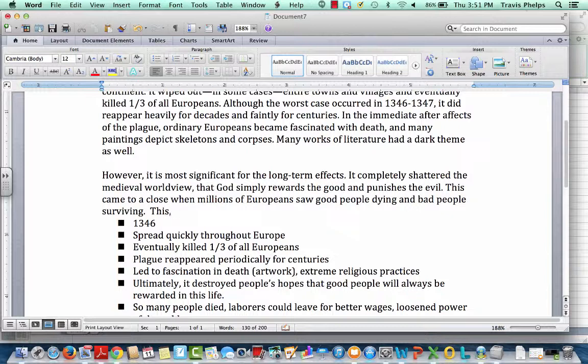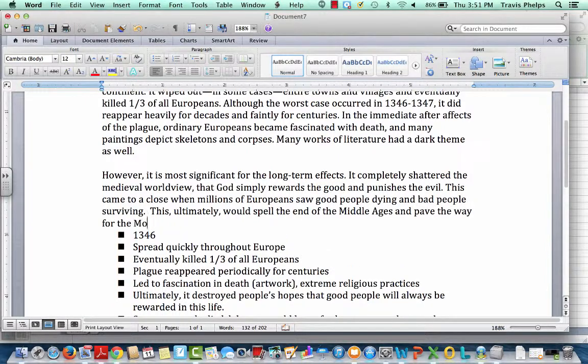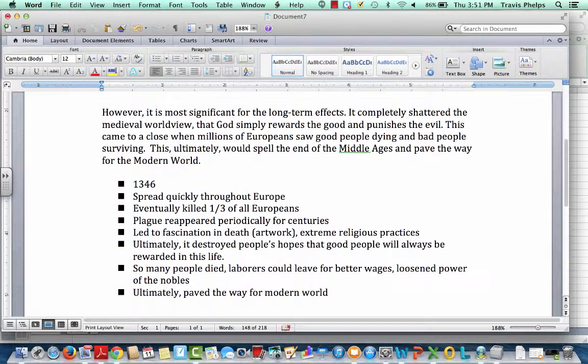This ultimately would spell the end of the Middle Ages and pave the way for the modern world. So we've got that effect right there.